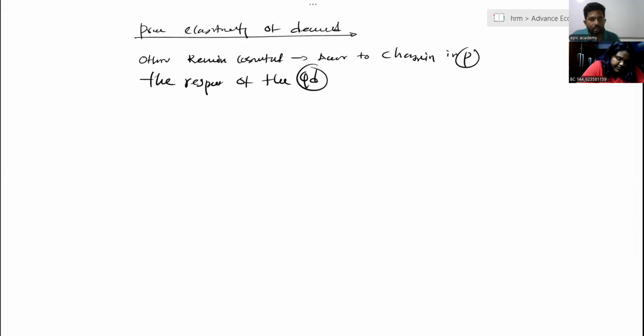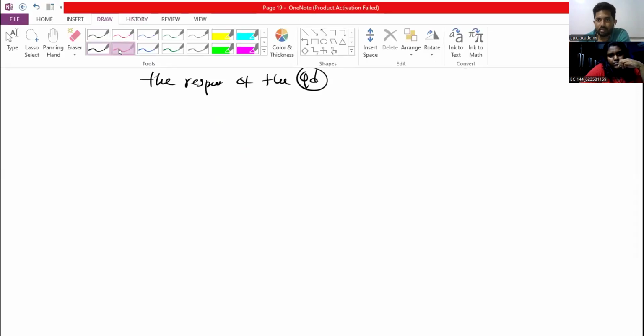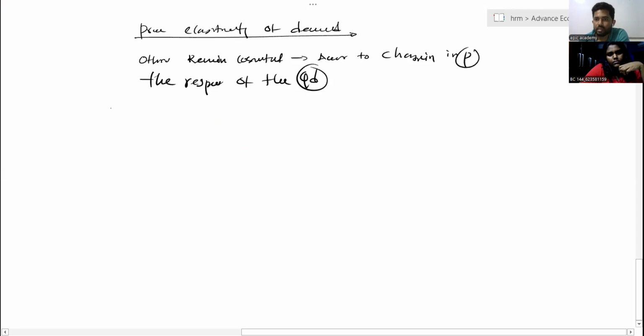But you can identify there are 5 types of elasticity in the price elasticity of demand. 5 types. Just try to identify the name and the meaning, and you can calculate it very easily.